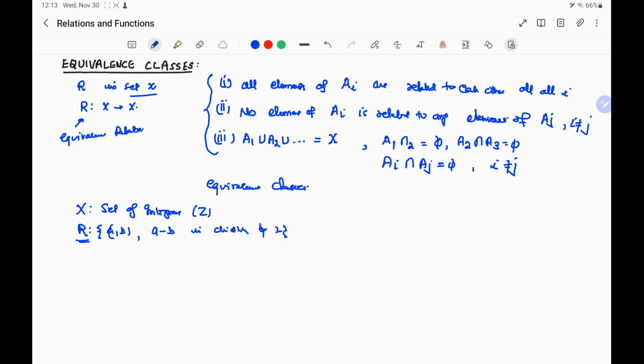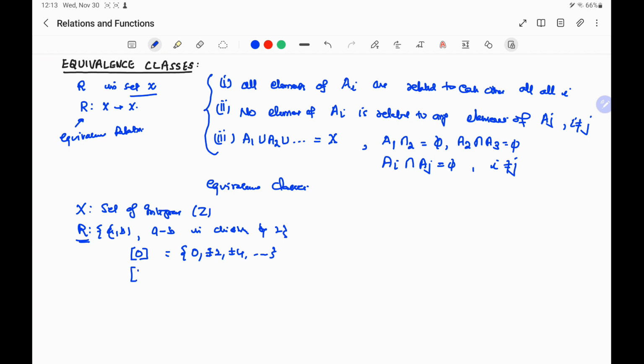So this relation, which is an equivalence relation, will subdivide the set of integers into two subclasses, which are the equivalence classes. One is related with 0, for example, the elements are 0, plus minus 2, plus minus 4, and so on.